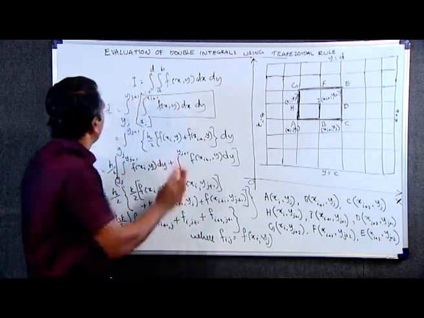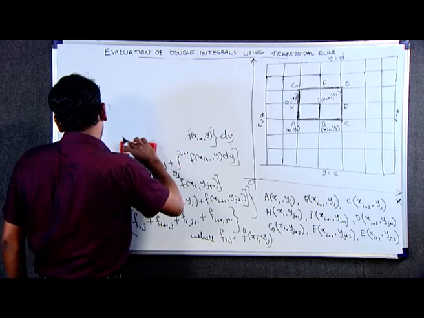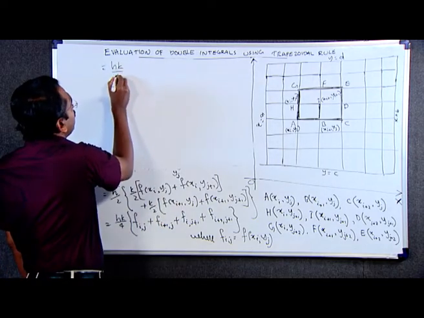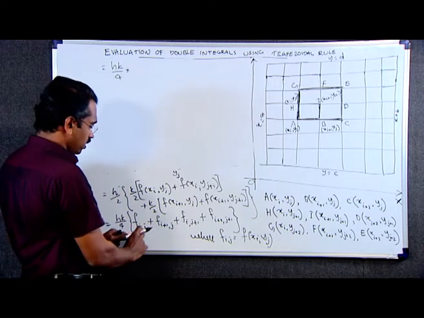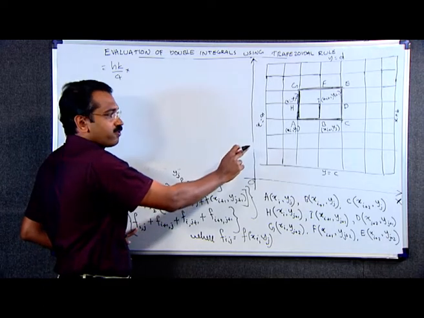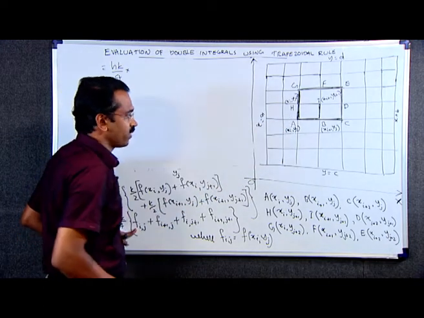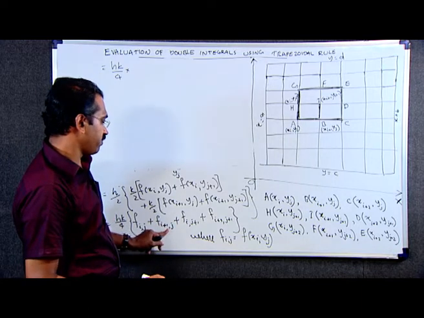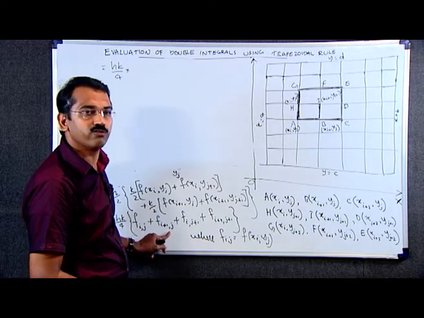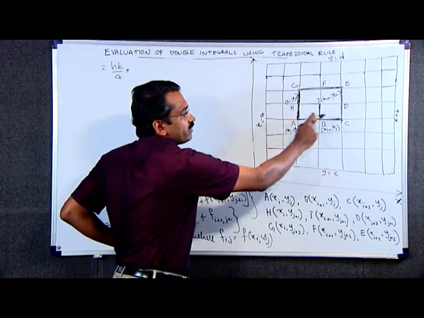Which is equal to h into k divided by 4 into, here note that f I j means the value of the function f of x y at the point xi yj, that is at the point A. F I plus 1 comma j means the value of the function f of x comma y at the point xi plus 1 yj.